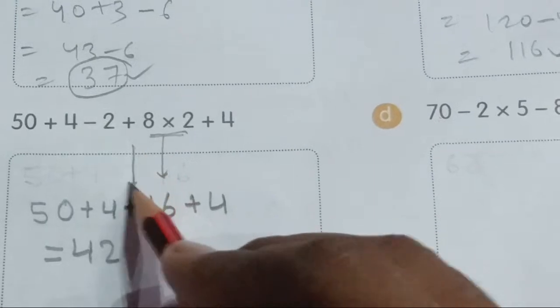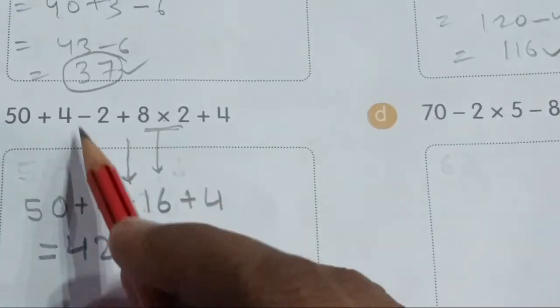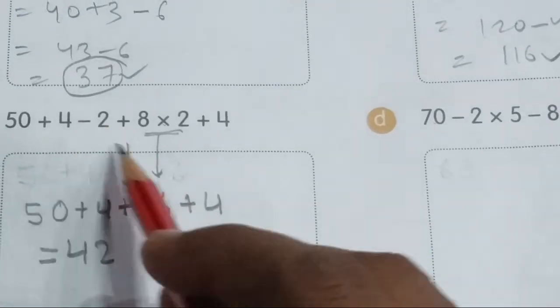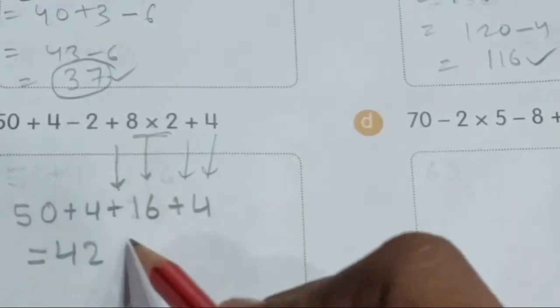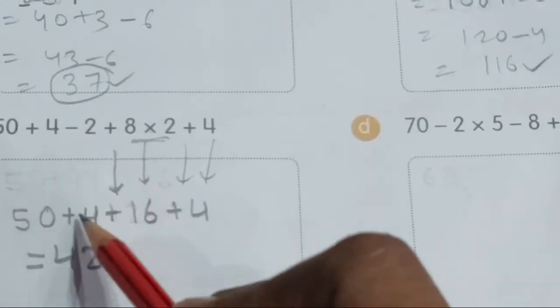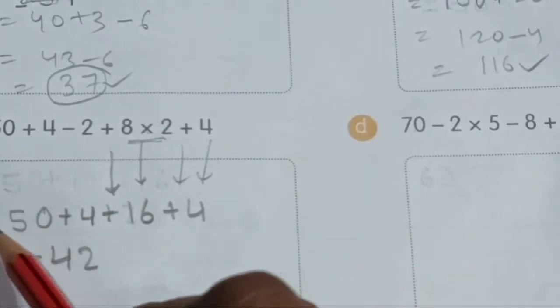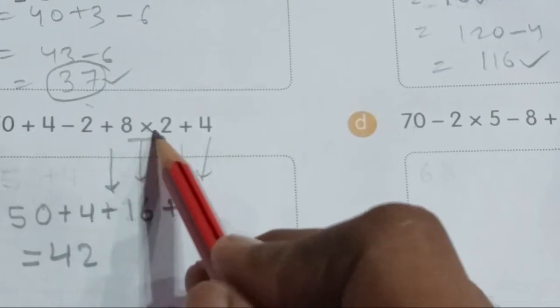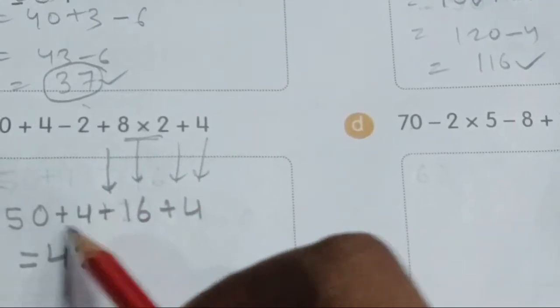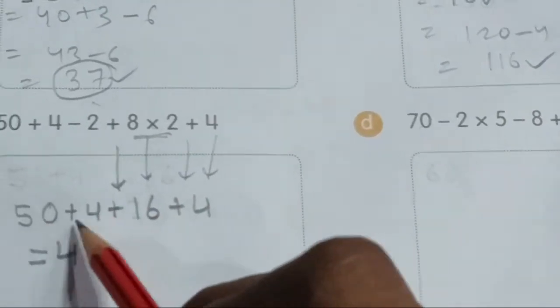You will write a plus symbol here, and after that 4 minus 2 is not solved here. Plus is here, 4 is here, and I think she has tried to solve that. You have done the multiplication, then after that you will have to erase this.